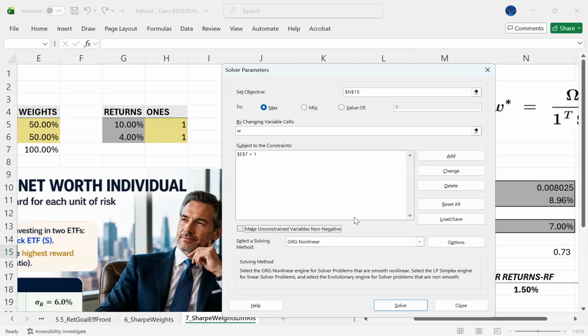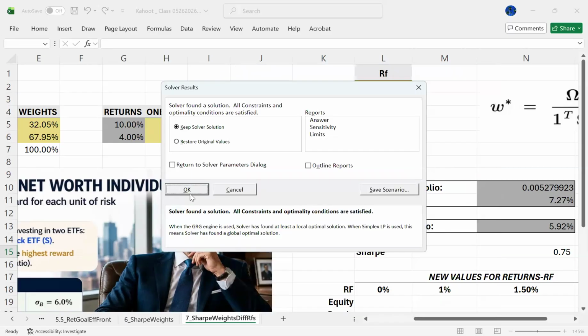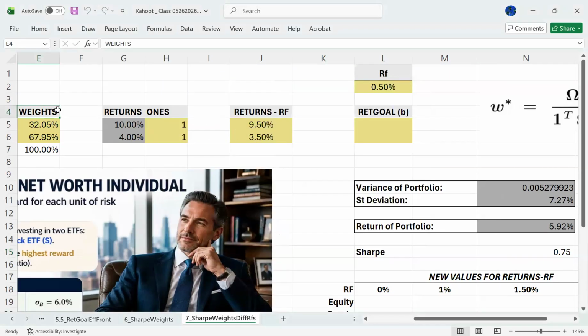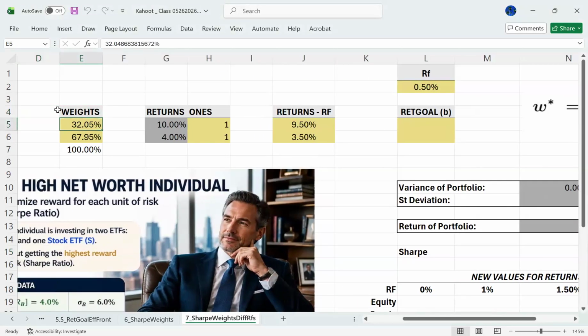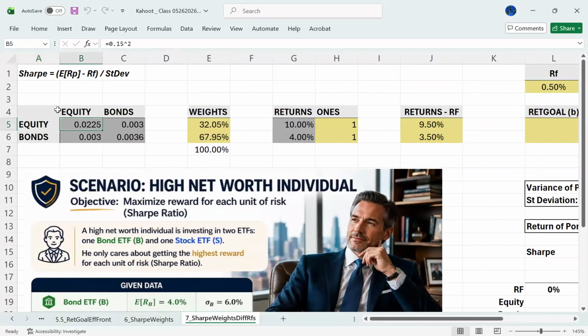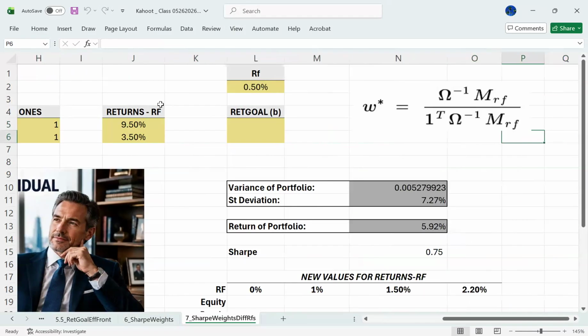Let me remove that condition, and then we can solve, and Excel found the solution. The weights are 32.05% for equity and 67.95% for bonds. The Sharpe ratio we get is 0.75. That is the highest possible Sharpe ratio we can get.